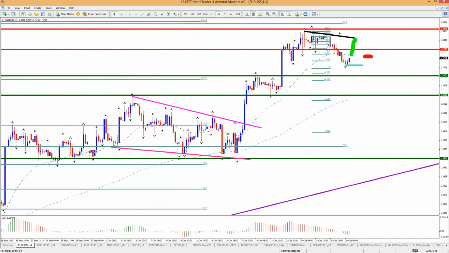Probably move up, get some rejection, and then see a lower high. Maybe then we can see some turning happening here. A break above the top would confirm that as well. But until then, we're in a limbo, grayish area where we can see that correction move lower and then maybe see the bigger bounce from here, for example.